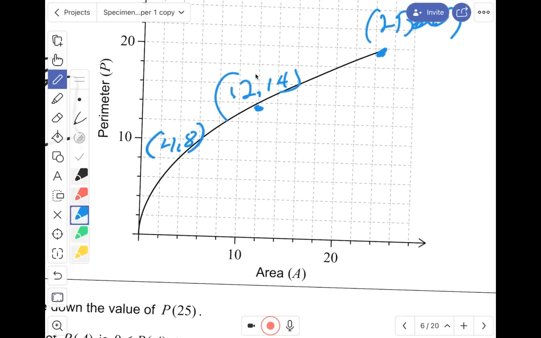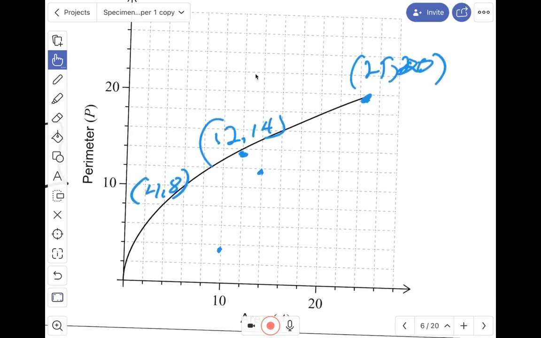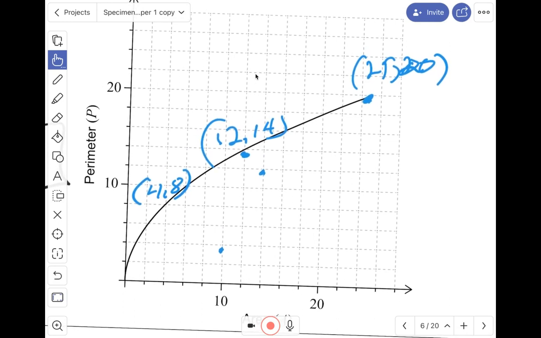Okay, 8 comma 4. 14 comma 12 here. Okay. Up there we had 25, 20, so I go 20. Sorry, I got to go up a little bit. 20, 25 is right around there. Okay, and sorry for the blob there.